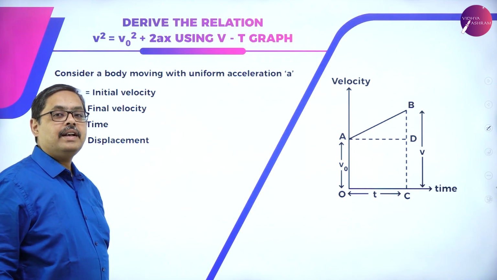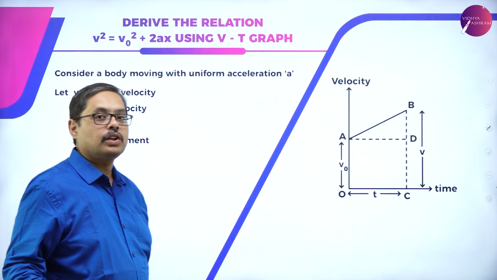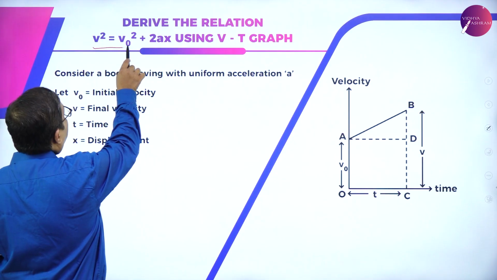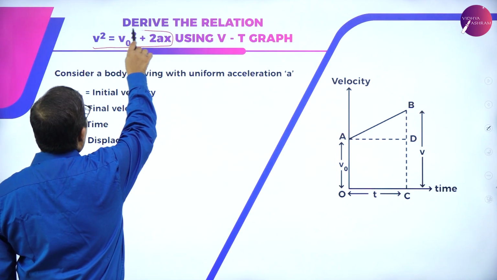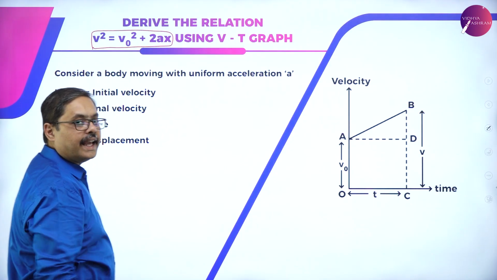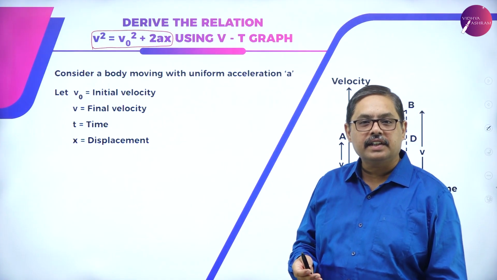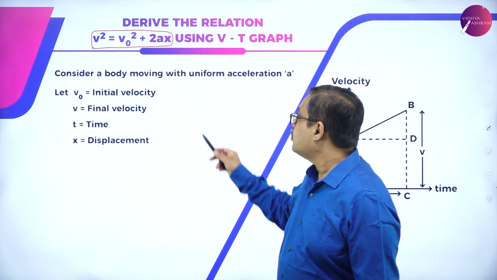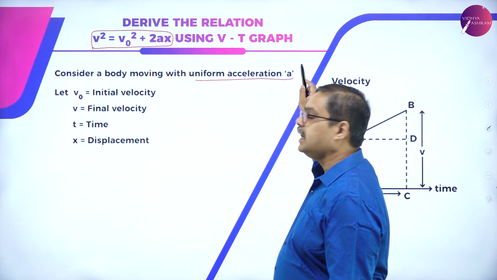Similarly, let me derive the third equation of motion. What is it? The third equation of motion says v square is equal to v naught square plus 2ax. I have similar considerations. What are those considerations? Consider any body moving with uniform acceleration a.